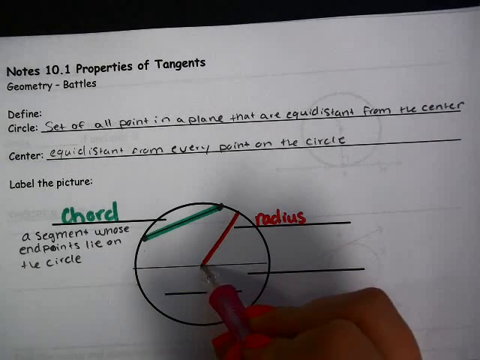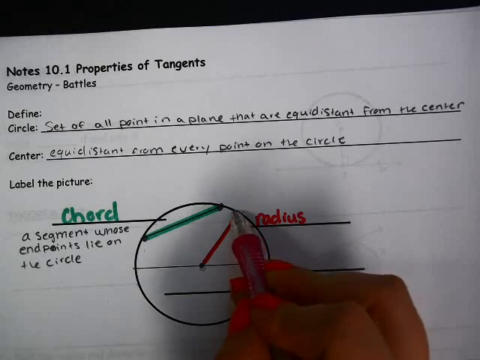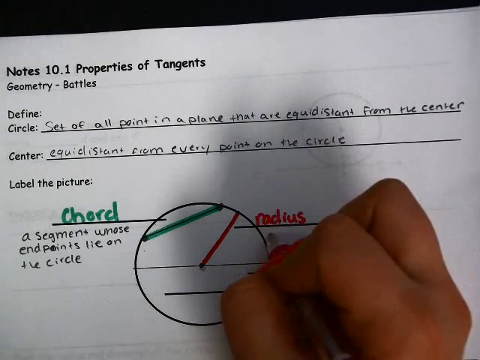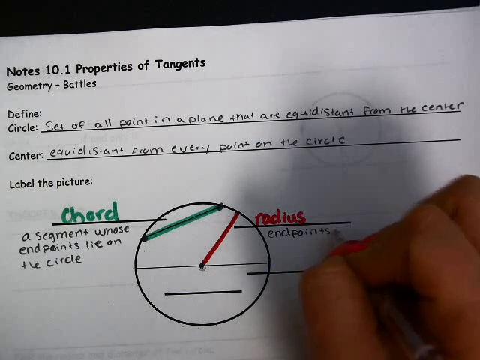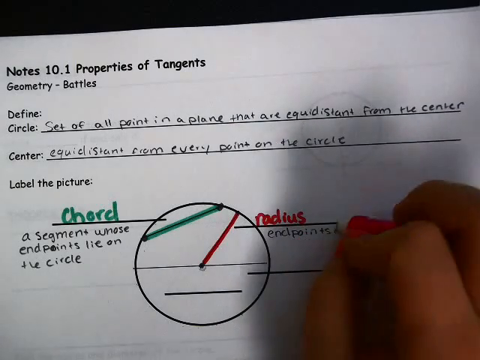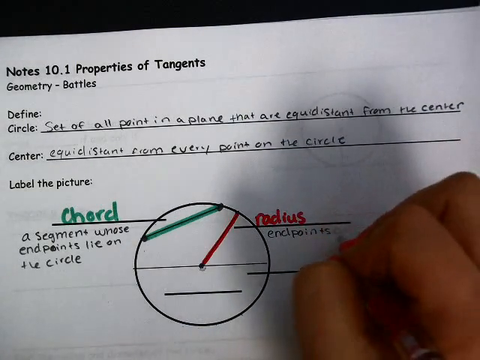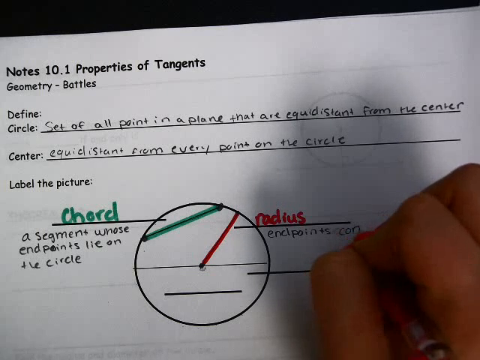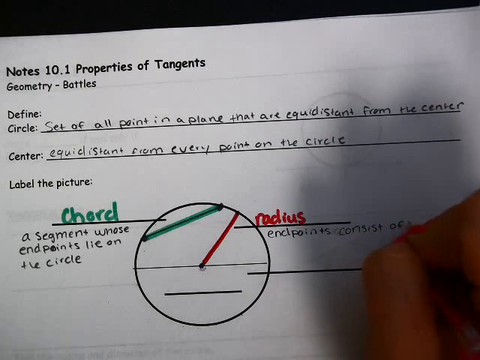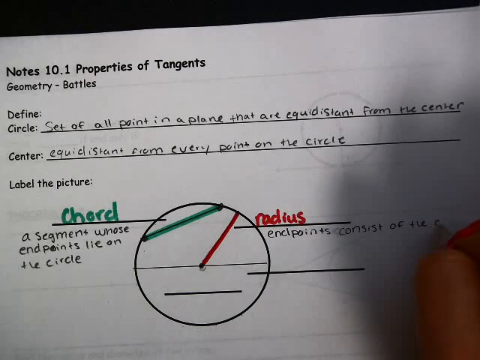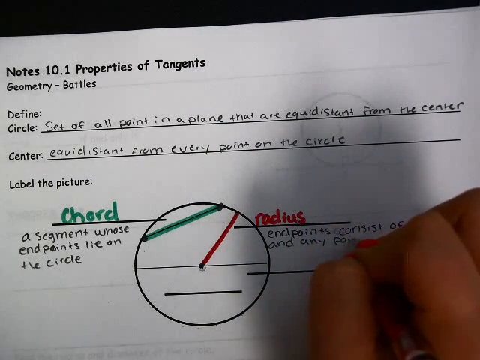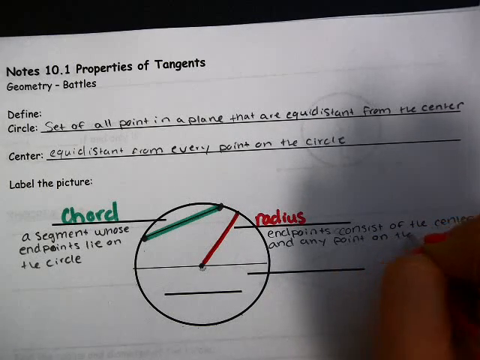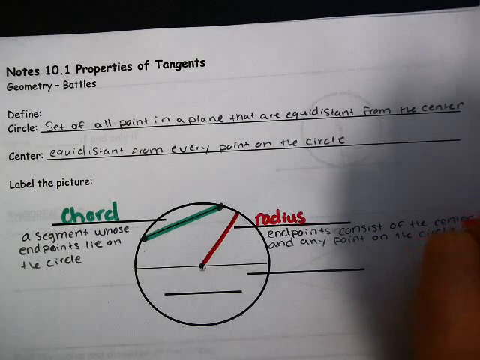The endpoints consist of the center of the circle and any point on the circle.